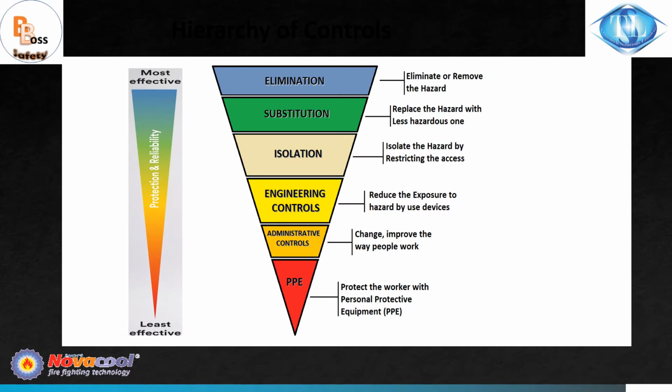Okay, we can see now this upside down triangle, and it has 6 control measures. The elimination is our first solution. We try to eliminate or remove the hazard completely, and there is an explanation.